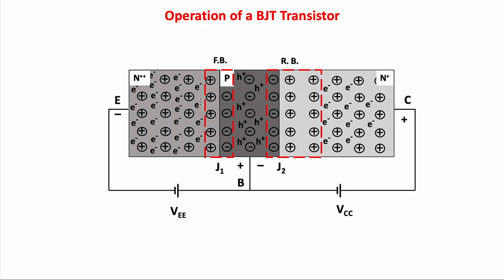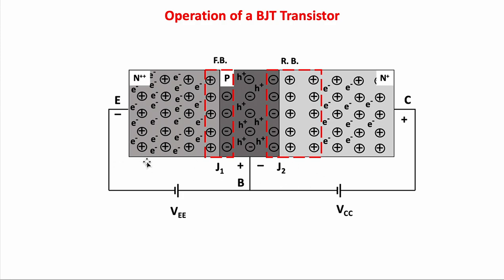In order to operate the transistor in the active region, we have to forward bias junction 1, which is the emitter and base regions, and reverse bias junction 2.